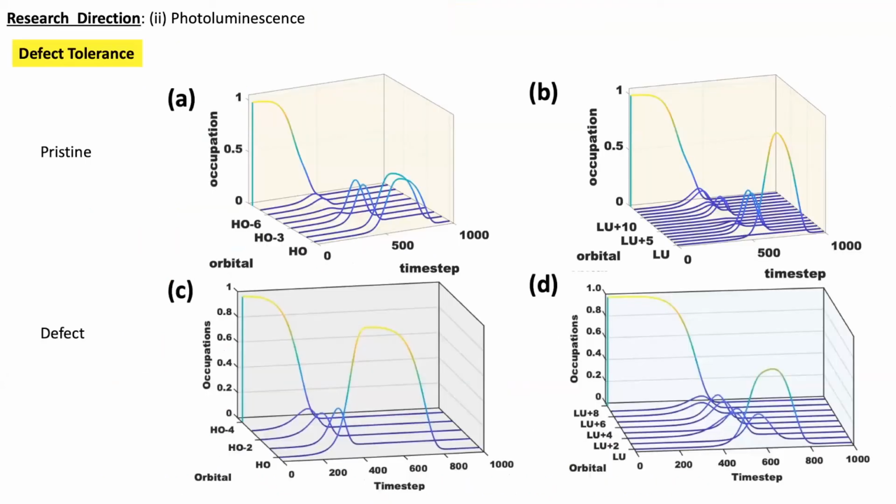Here are kinetics of the occupations in this basis, and as expected the population goes from higher energy to lower energy, but then it drops to zero because of this trick with recombination. This trick is very important for assessing photoluminescence quantum yield.